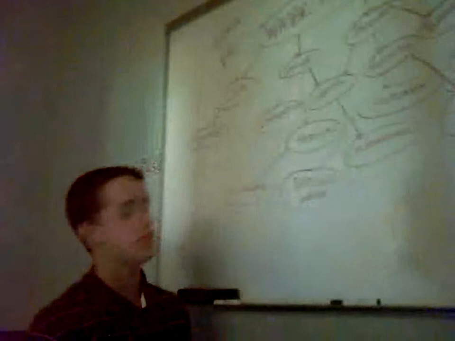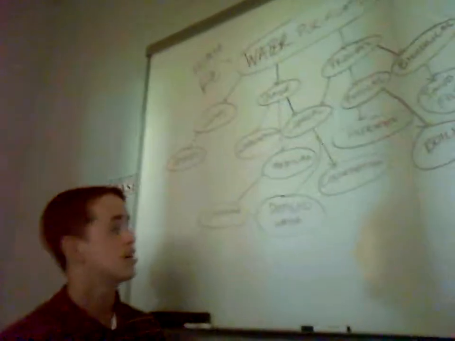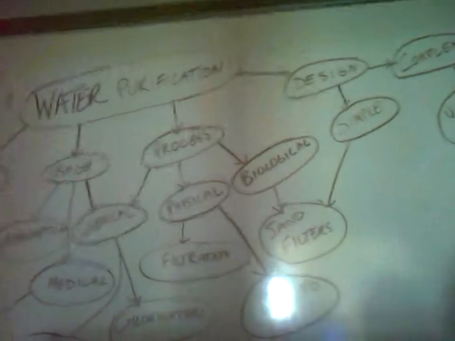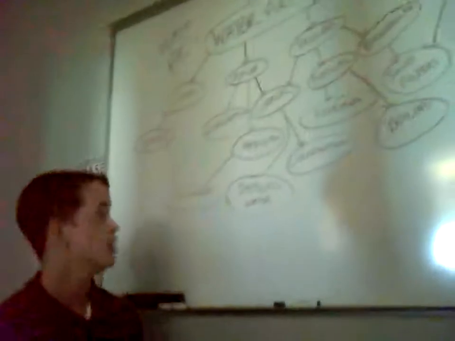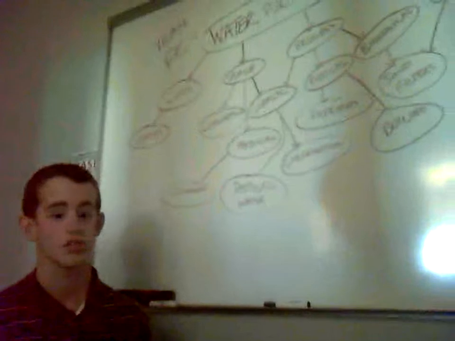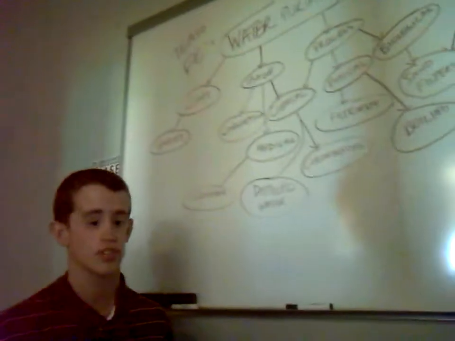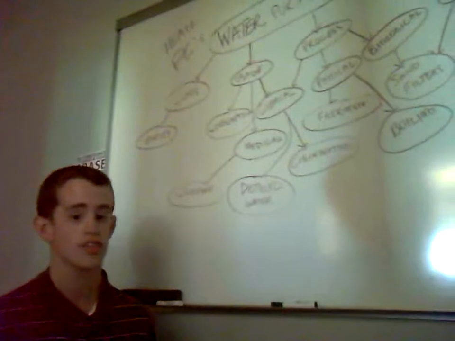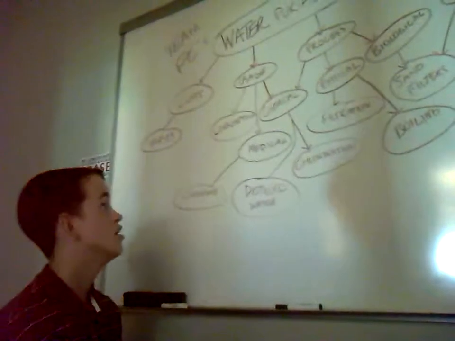Our other concept is process. You can purify water through several different processes: chemical, physical, and biological. An example of a chemical purification system is the process of chlorination, so to chlorinate the water in order to get rid of any harmful bacteria.